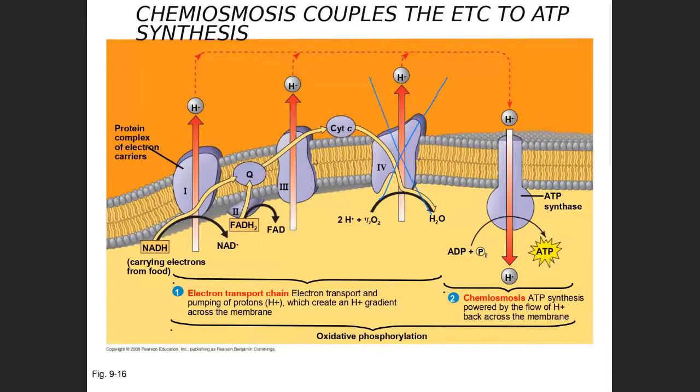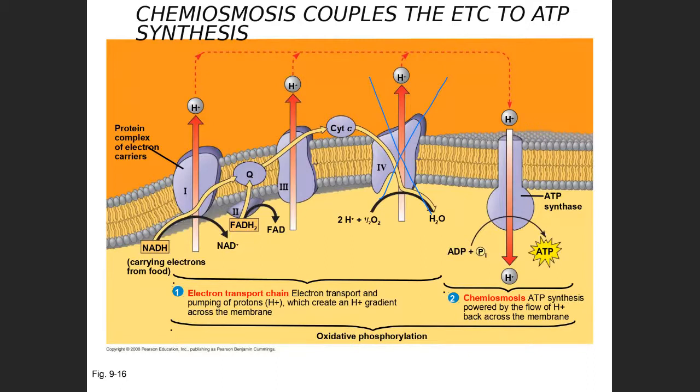So let's look at how these electrons are traveling. Stay with me. It's very beautiful. These chapters, I'm crazy about them. I have the NADH. It has the tendency to give the electrons to the least electronegative first, which is complex 1.